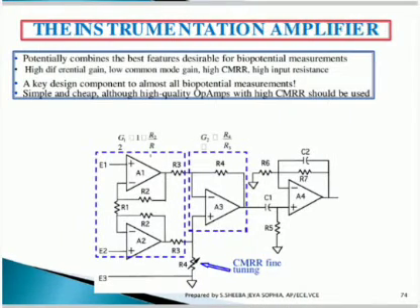Majorly, the instrumentation amplifier is used in many real-time applications in the medical field. It combines the best features desirable for biopotential measurements, and due to its high differential gain, low common mode gain, high CMRR, and high input resistance, it is applied in many real-time applications.